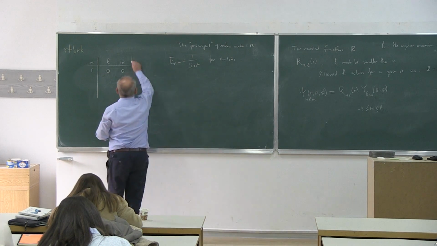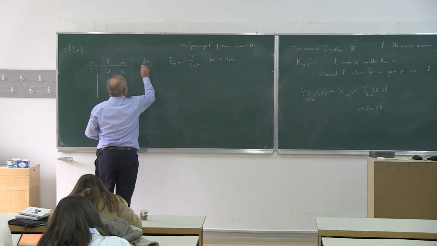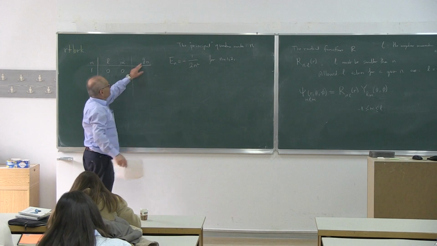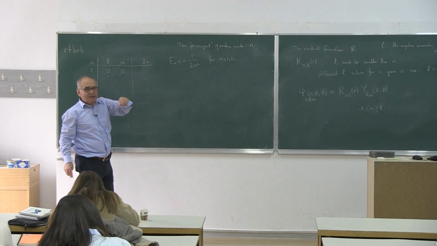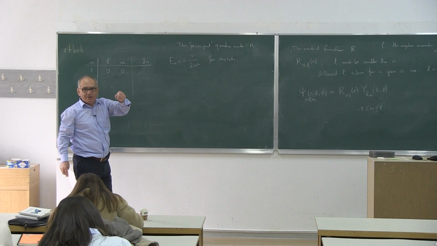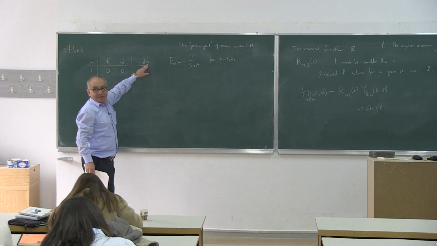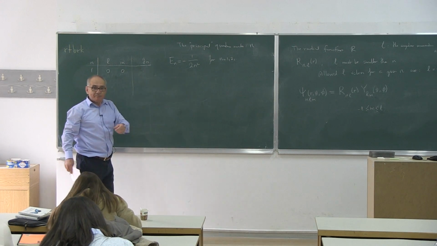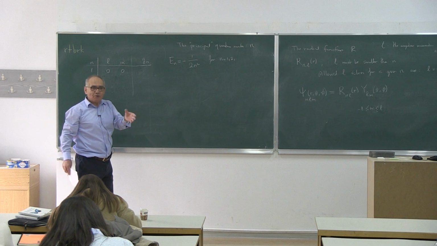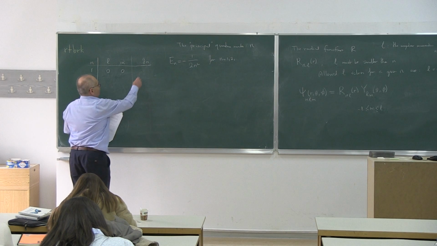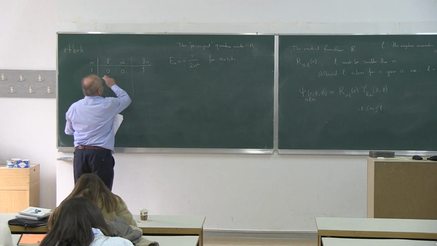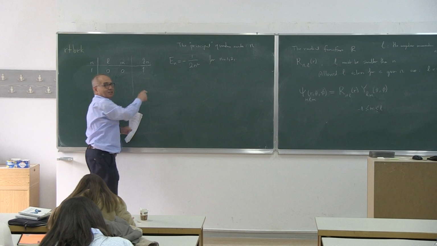So let us say Gn means number of functions for that n value. What do we call this in words? Degeneracy of the energy level. So for n equals 1, degeneracy is 1.